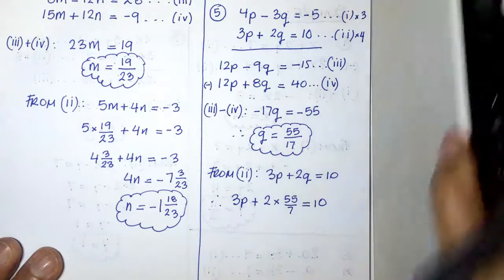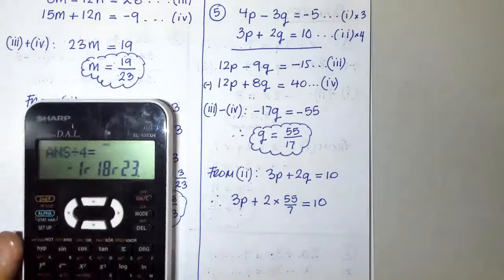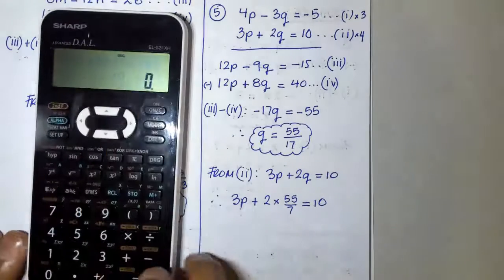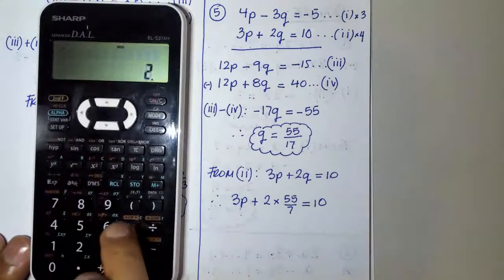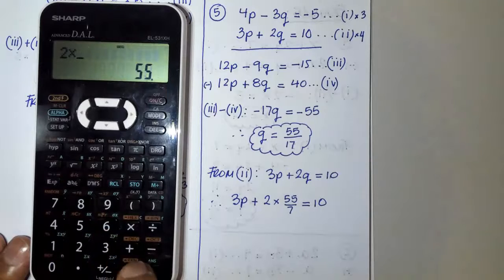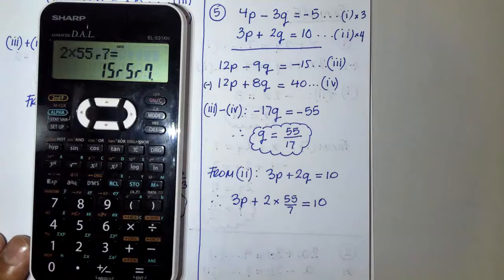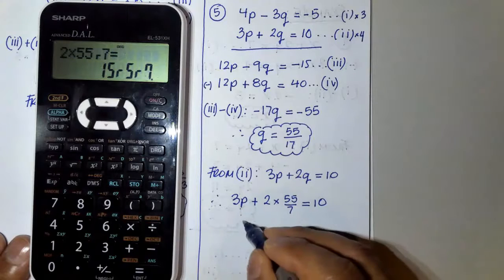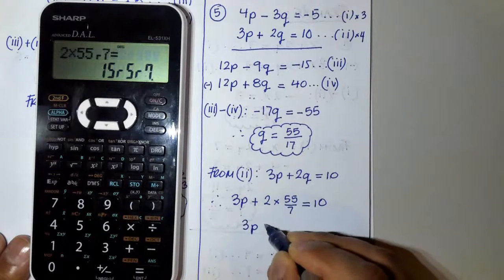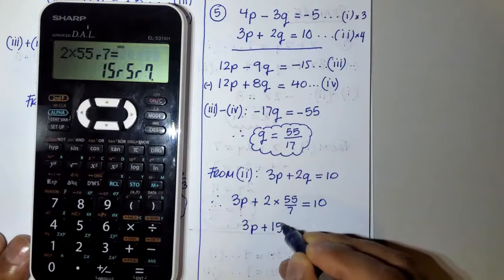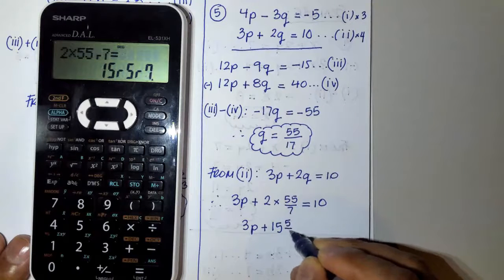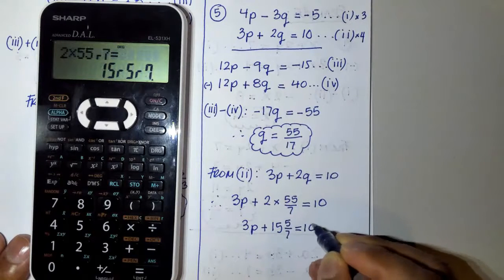Okay, and then we're going to find the answer for 2 times that. 2 times 55 over 7 is equal to 15 and 5 over 7. So it's 3p plus 15 and 5 over 7 is equal to 10.